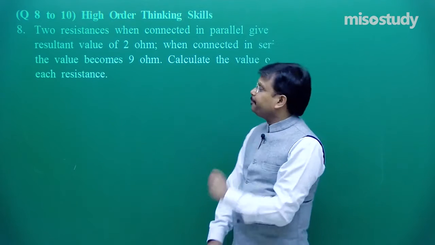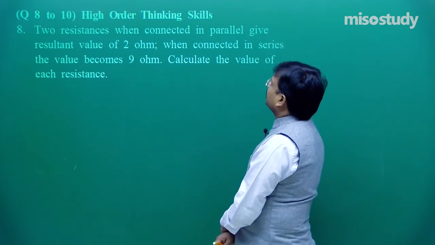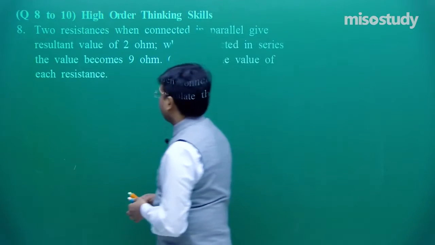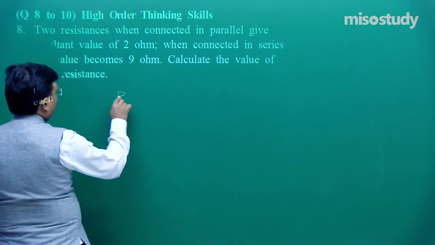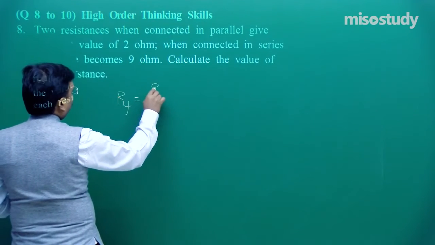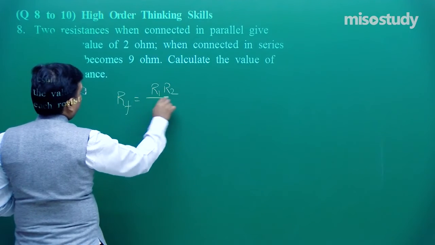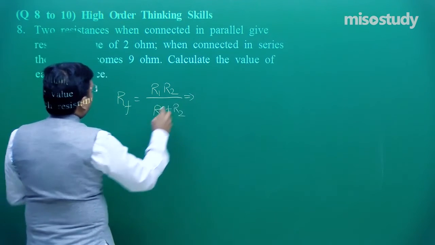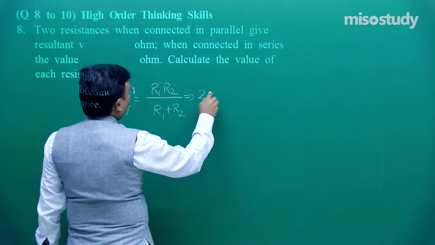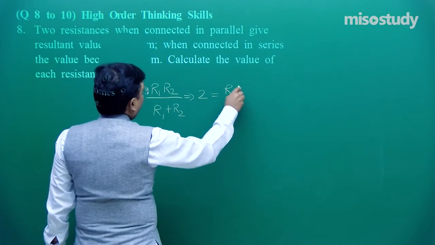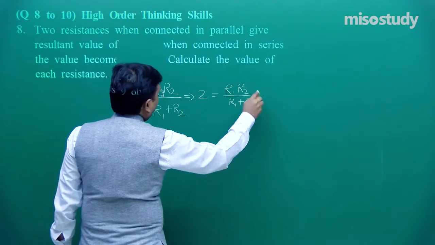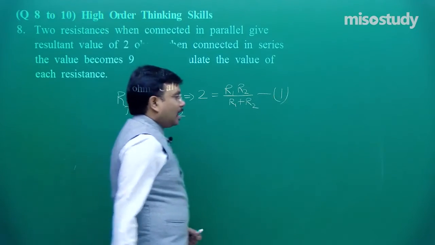That is so simple. Two resistances when connected in parallel give a resultant value of 2 ohm. R final is equal to R1 R2 upon R1 plus R2, so 2 is equal to R1 R2 upon R1 plus R2. Let us say I have two resistances, one is R1, one is R2.